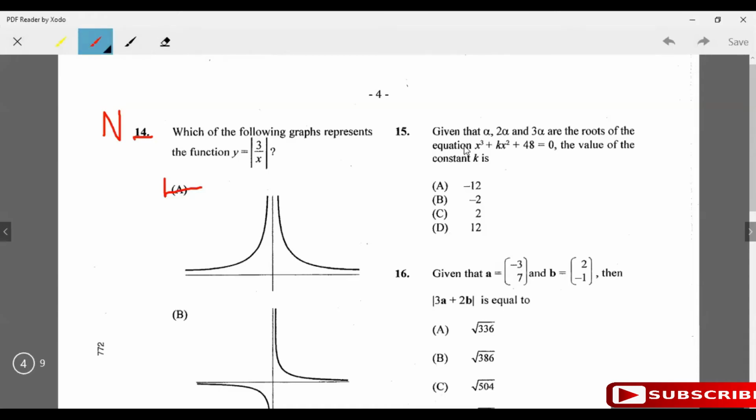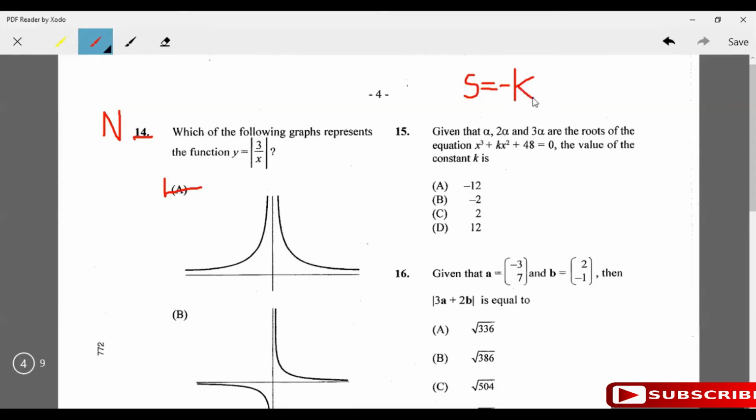Now, this is a cubic equation. What we know about a cubic equation is that the sum of all the roots is minus b over a. So the sum is minus k over 1, which is minus k.